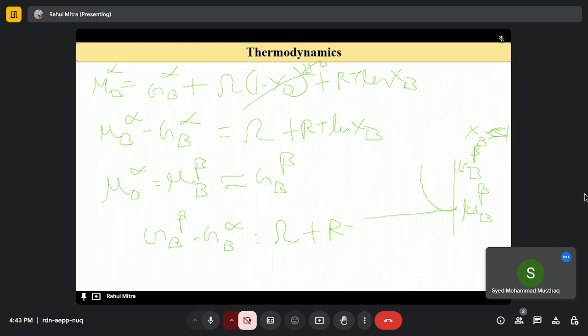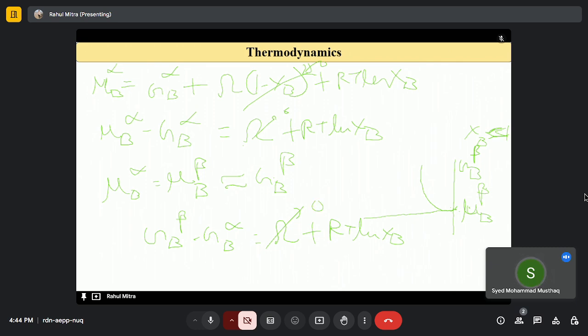Now this will be written as alpha plus alpha xB, RT log xB. Oh sorry, this has less solid solubility, right? So this should go to 0.